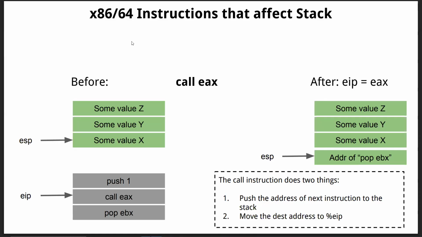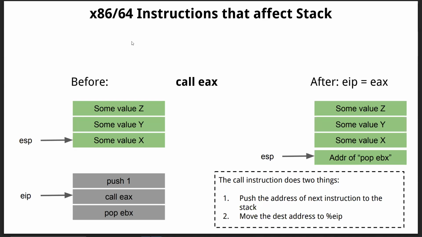Obviously, we're not executing here, we're executing somewhere else. That piece of code may also be manipulating the stack, pushing a lot of things. But eventually, when that function returns, it should guarantee that ESP will point to this place.